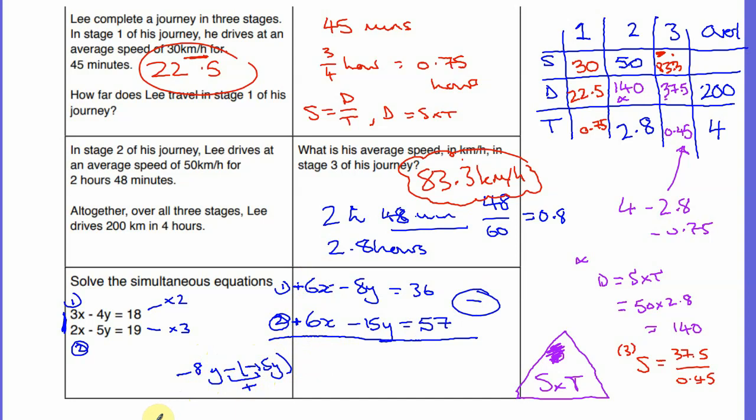So we're really doing minus 8 plus 15. So that gets me 7y, positive 7y. And then I'm going to do 36 subtract 57, which is minus 21. So y equals minus 3. Just going to rub a little bit of this working out now.